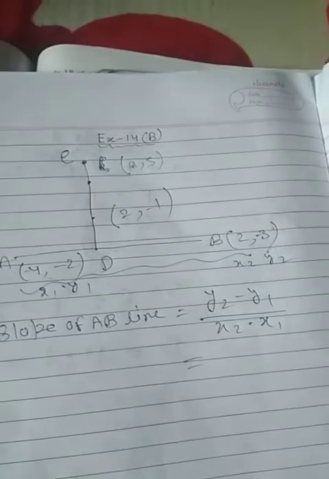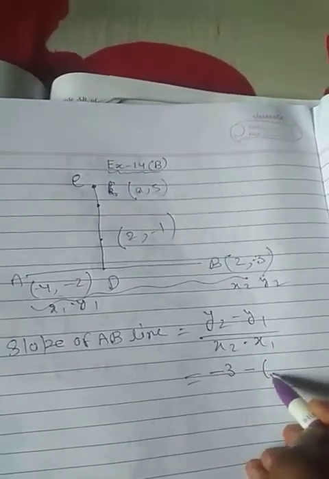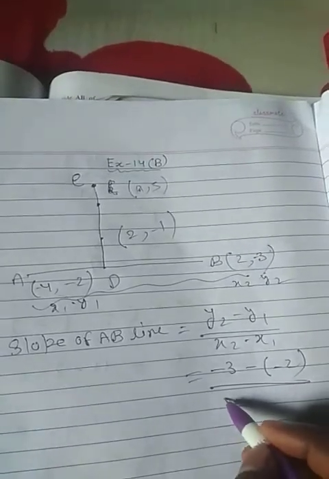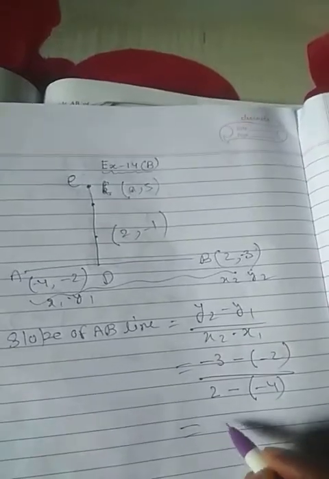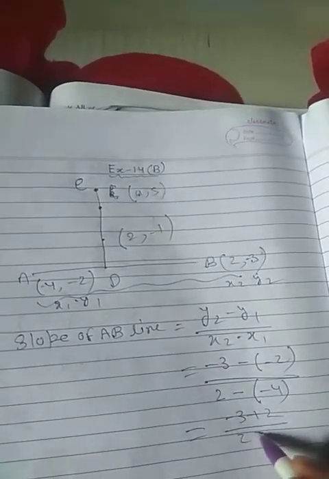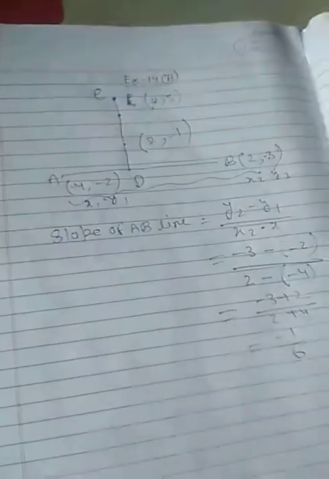So y2 is minus 3, minus y1 is minus 2, over x2 is 2 minus 4. So that becomes minus 3 plus 2 over 2 plus 4, that means minus 1 by 6. That is the slope of the AB line.